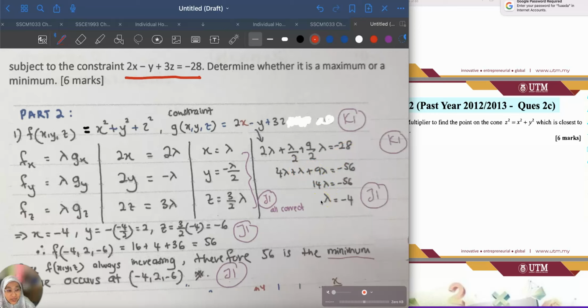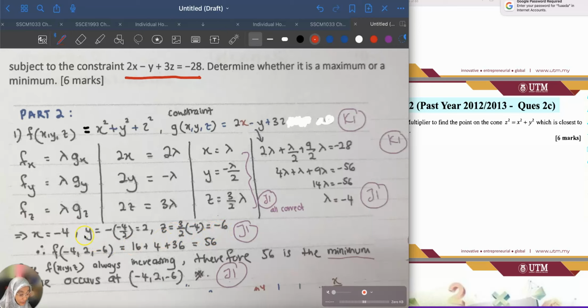In this case, we have only a single lambda, which is minus 4. So now, just like before, we have to evaluate the point x, y, z for the lambda that we obtain. So lambda for x is minus 4, so x is minus 4. And then y here, we obtain 2. And then z, we substitute the lambda here, we obtain negative 6.